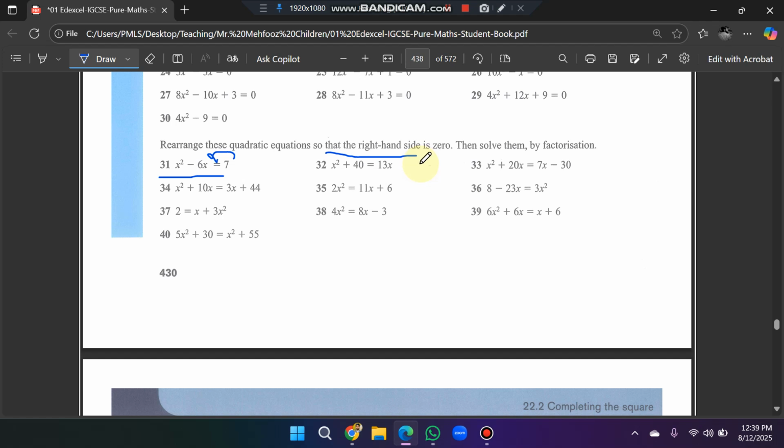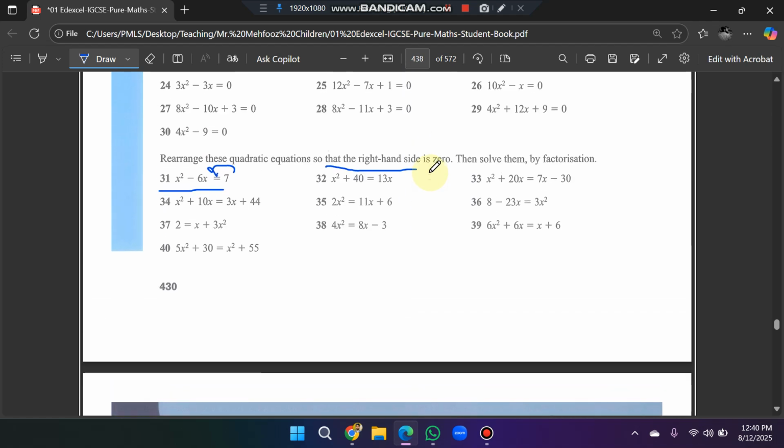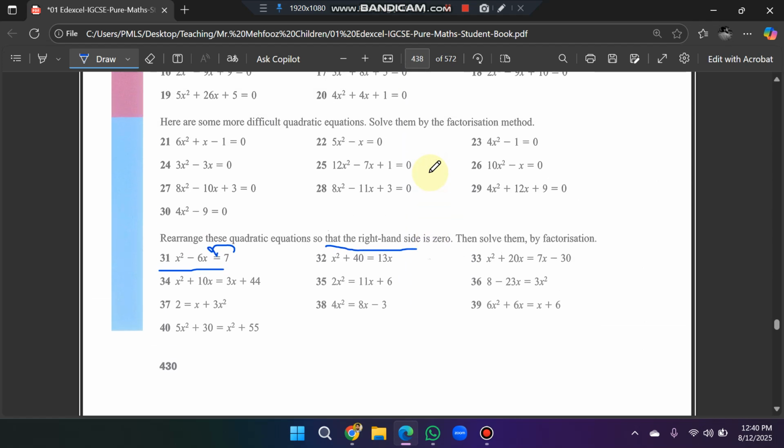So the terms on the right hand side go to the left side, and the right hand side becomes 0. This is the rearranging of this equation. After rearranging we find the solution by the factorization method, as we have studied in previous examples. Okay, do you understand?